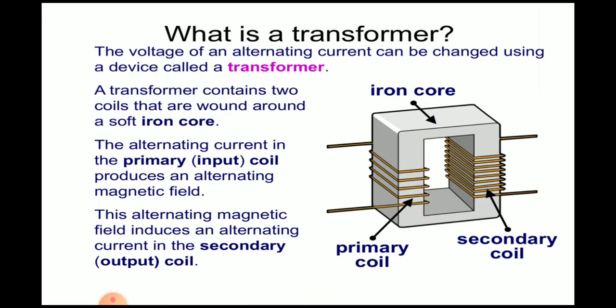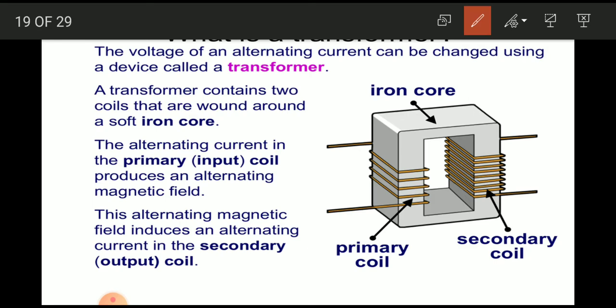Now, transformer. The voltage of an alternating current can be changed using a device called a transformer. The working principle of a transformer is mutual induction.